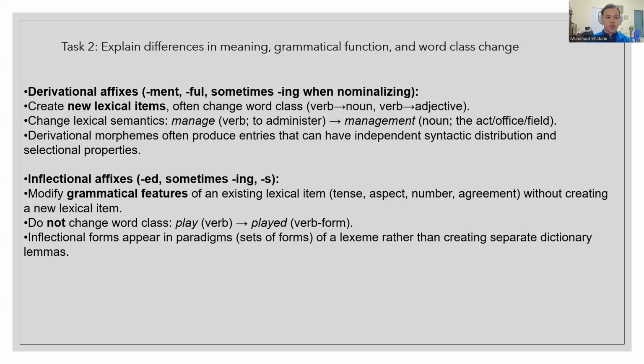Manage, a verb, to administer, management, a noun, of the act, office, or field. Derivational morphemes often produce entries that can have independent syntactic distribution and selectional properties.